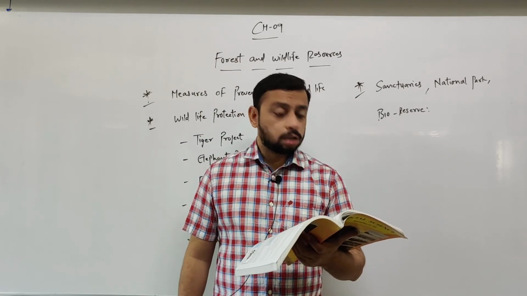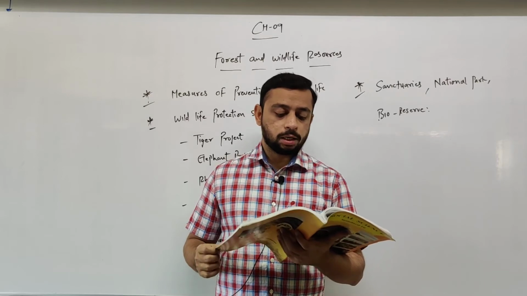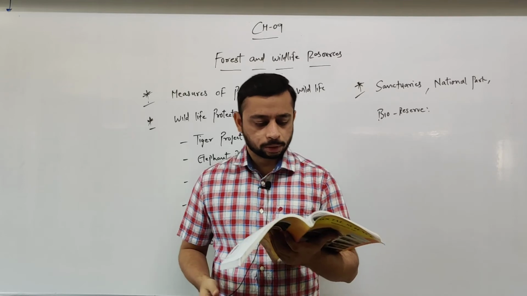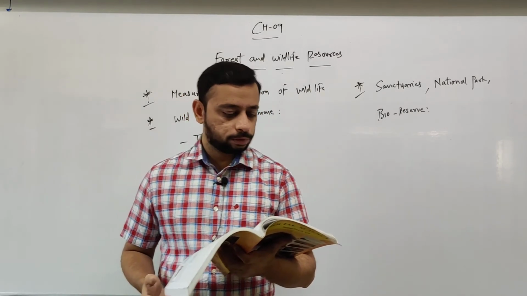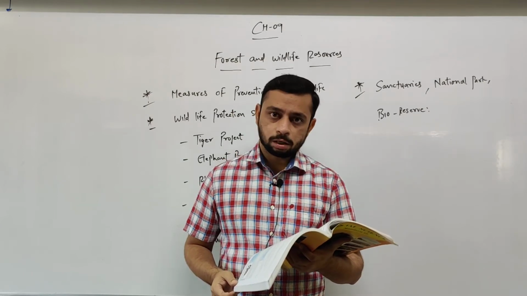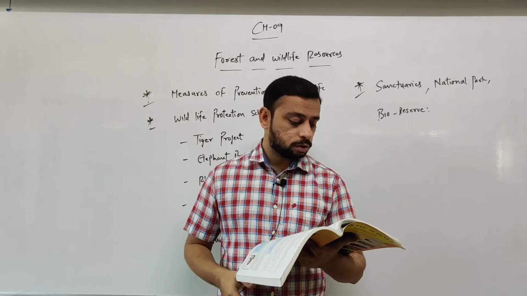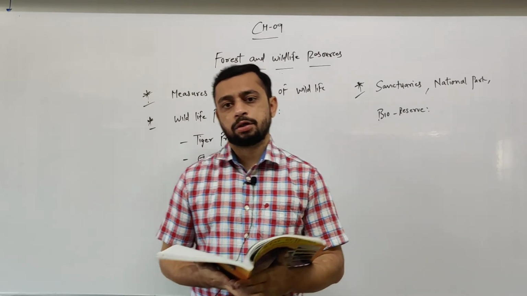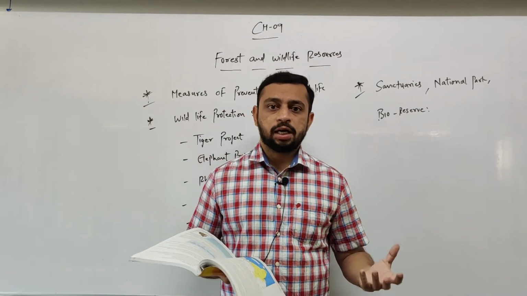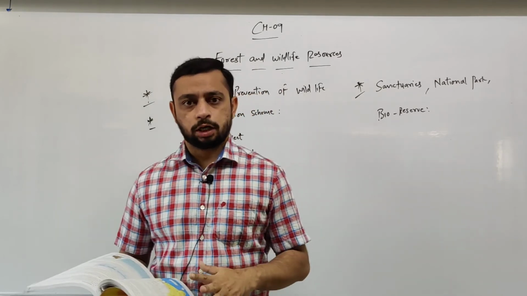Besides this, other projects which are operational include the Kashmiri Hangul project, about the birds and animals and different species, right? Red Panda project, Manipur Thamin project for the special species of deer found in Manipur, Ganga Dolphin project on the Ganga and Brahmaputra rivers, etc. There are many such different projects related to birds and wild animals which are not given in this textbook, right?